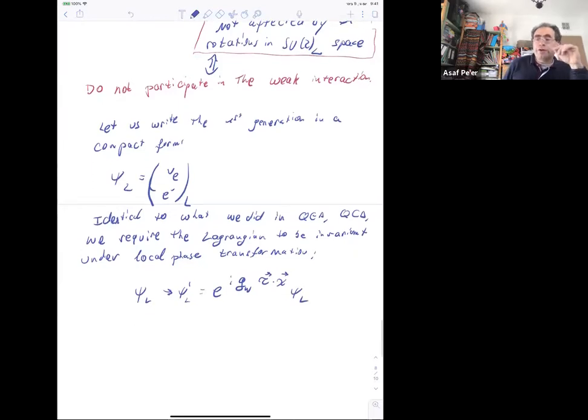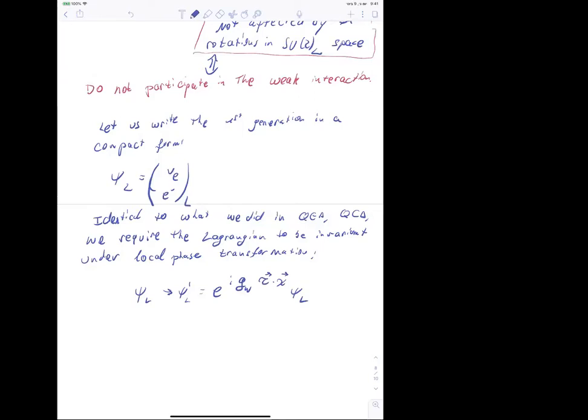Now the symmetry group here is SU(2). What are the generators of the SU(2) group? I think we discussed that, but maybe I didn't emphasize it. Tau are the generators here. The Pauli, exactly, very good.